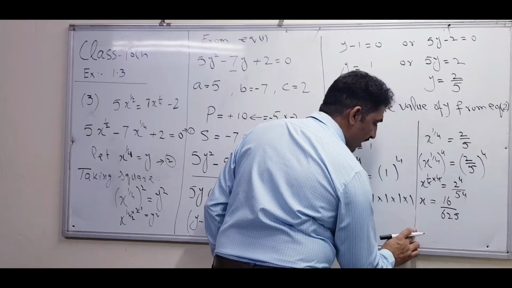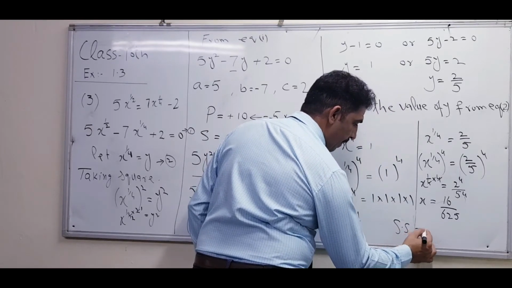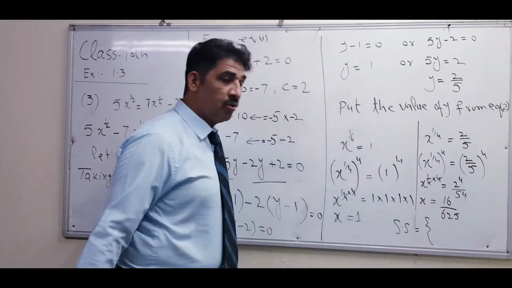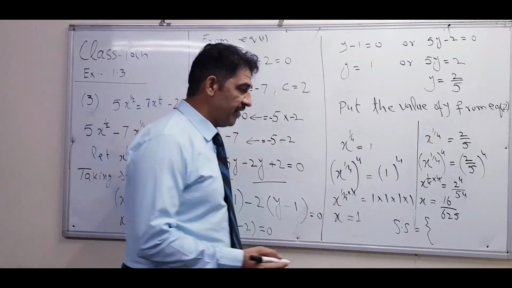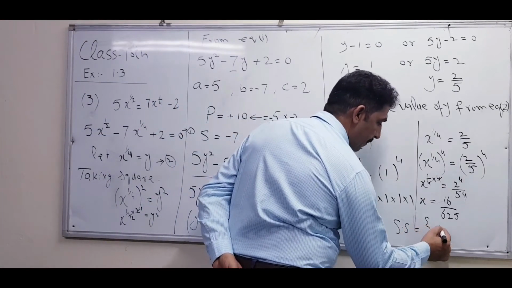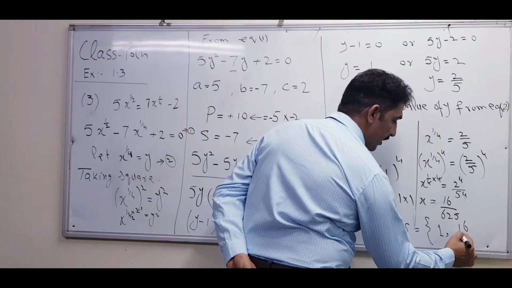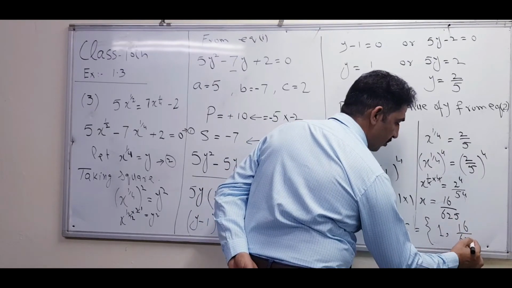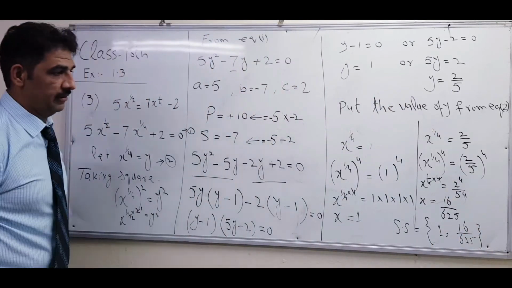So what is the answer of our solution set? As I told you, you have to write in the form of a solution set in curly brackets. So one value is equal to 1 and the second value is equal to 16 over 625. That is our answer.